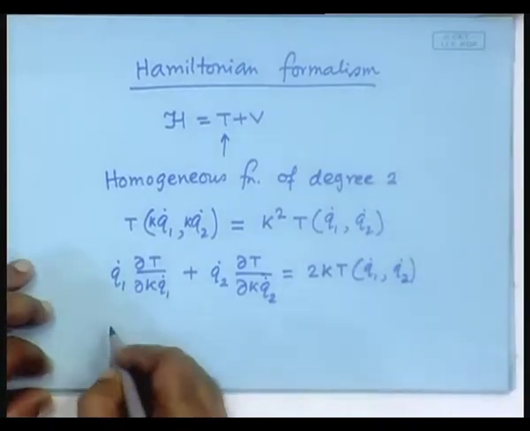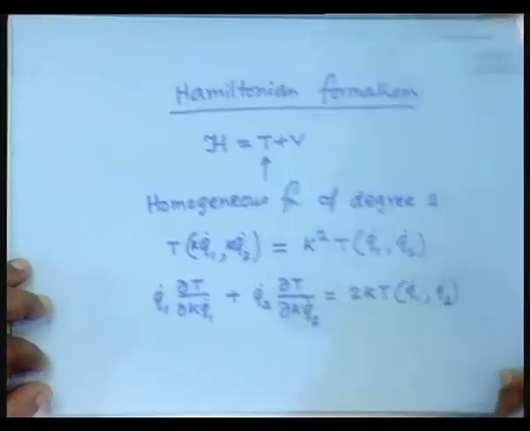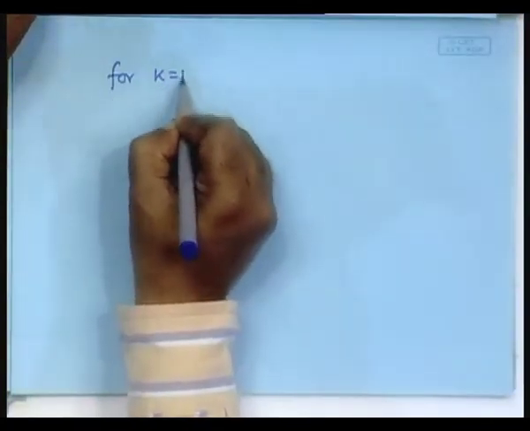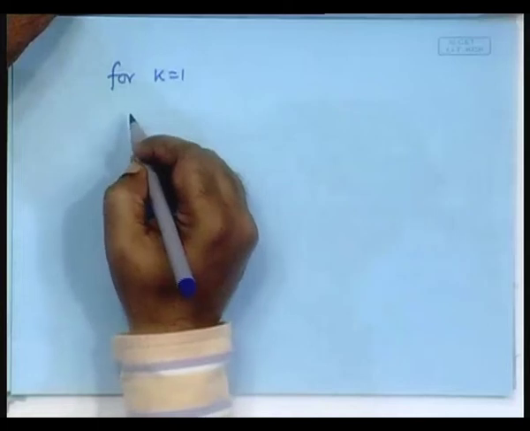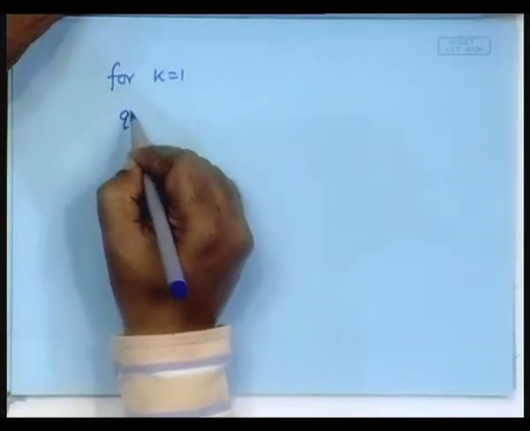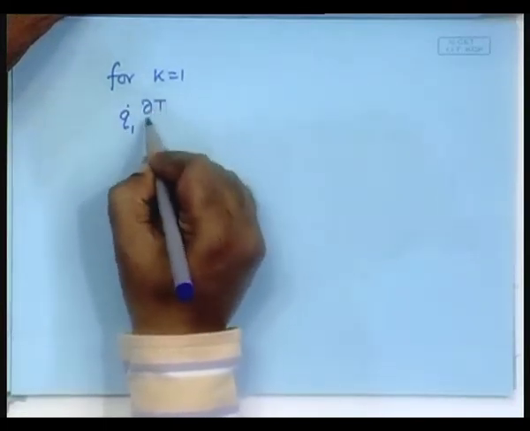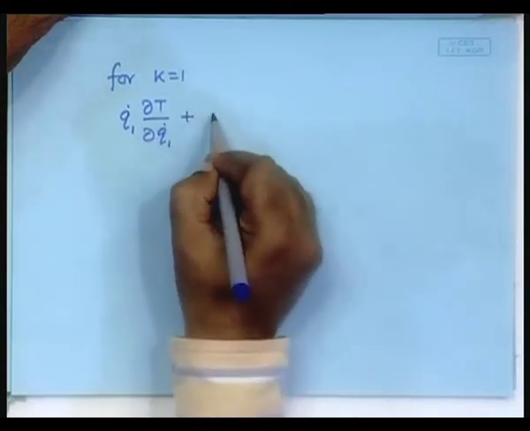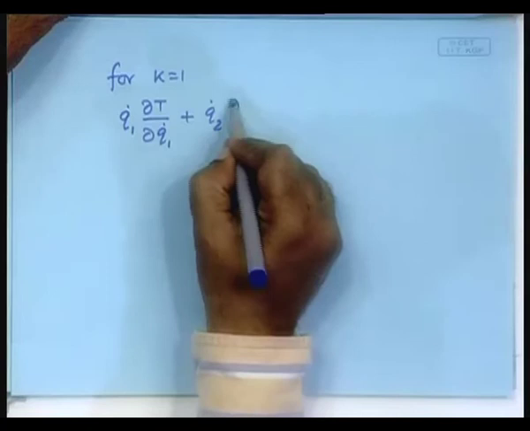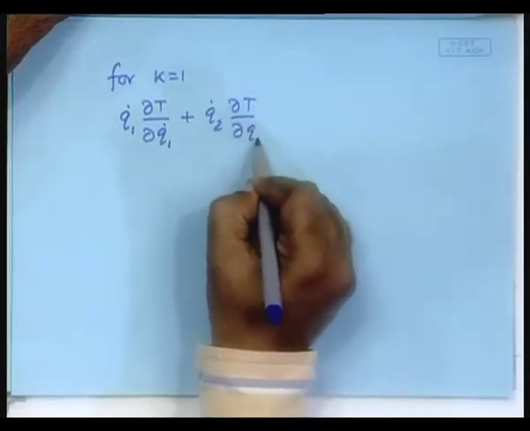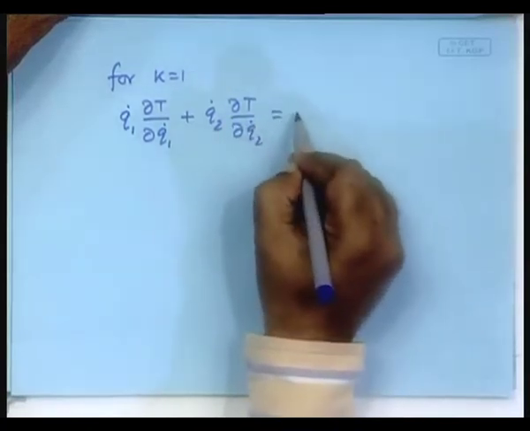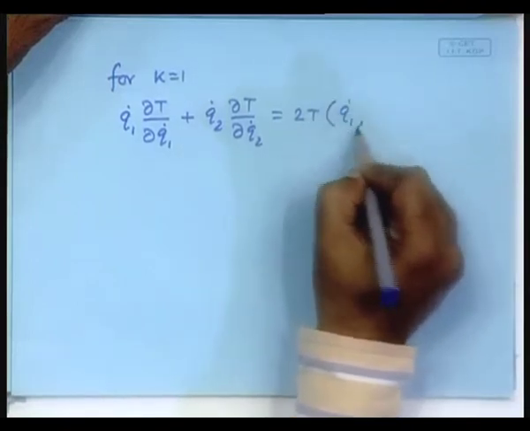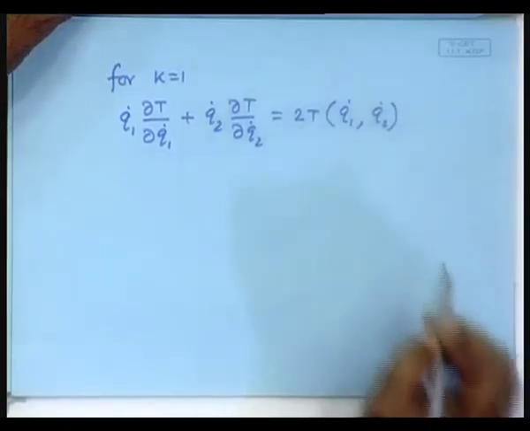So, for k equal to 1, it will become q1 dot times the derivative of T with respect to q1 dot plus q2 dot times the derivative of T with respect to q2 dot will become equal to twice T, where T is a function of q1 dot and q2 dot.